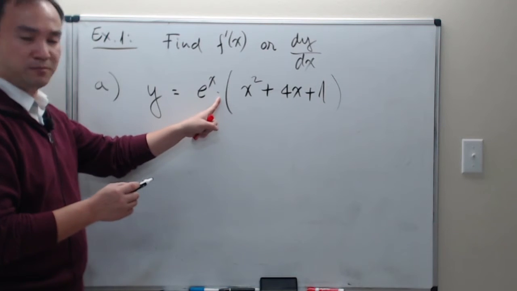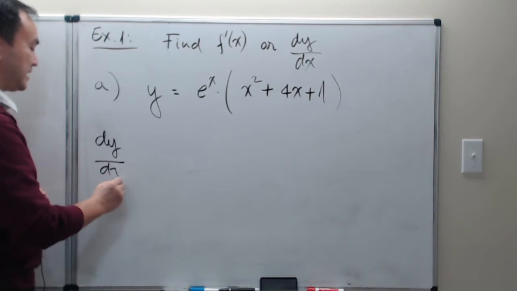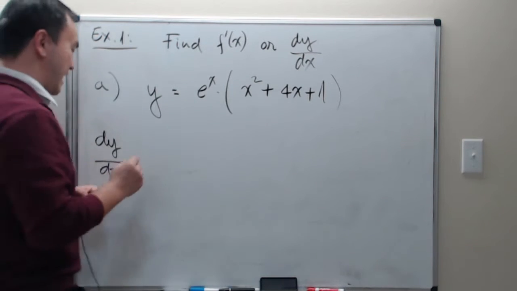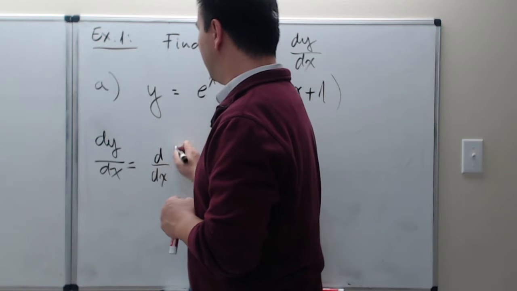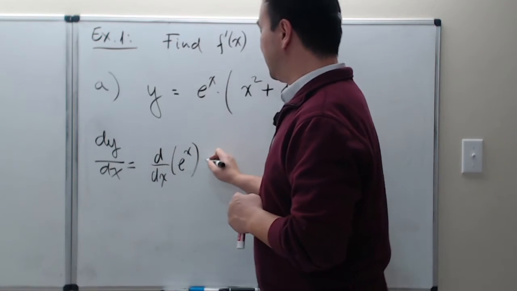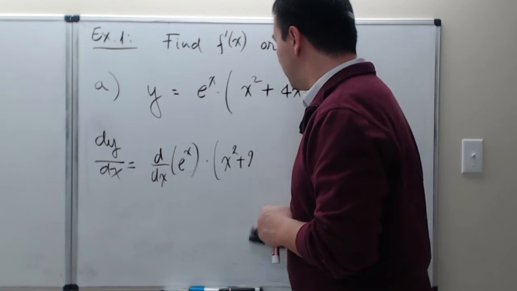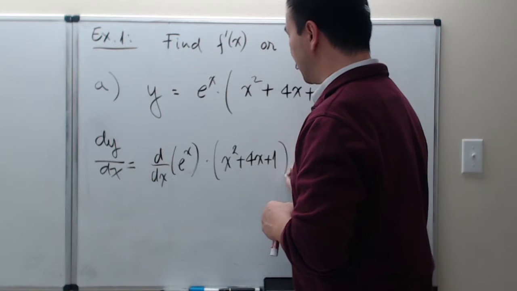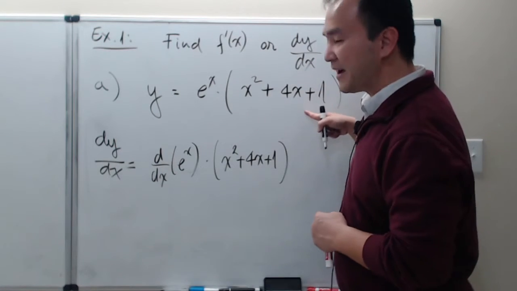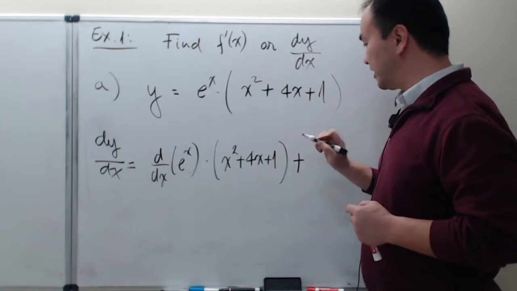Now, to find the derivative of this function, what makes sense is that we need to use the product rule. In my first step, the product rule says I need to find the derivative of my e to the x, leaving the other factor, x squared plus 4x plus 1, the same. Now the product rule says we're going to need to add.